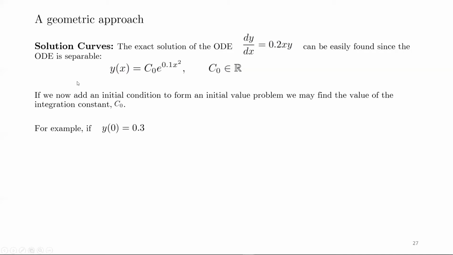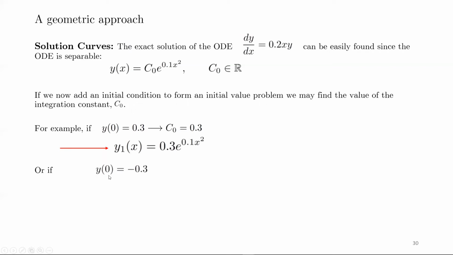So for example, if we had the initial condition when x equals 0, y is equal to 0.3, then we would find simply that C naught, the constant, is equal to 0.3. So therefore our first solution, which is why I've labeled it y1, is equal to 0.3 times the exponential of 0.1 x squared.